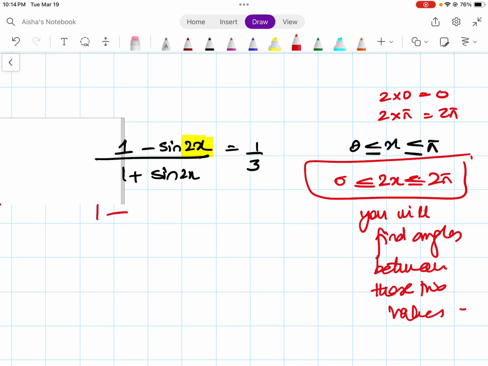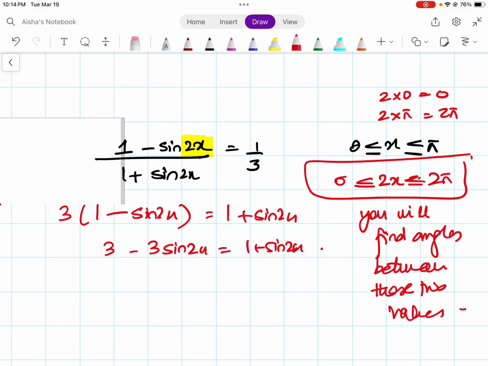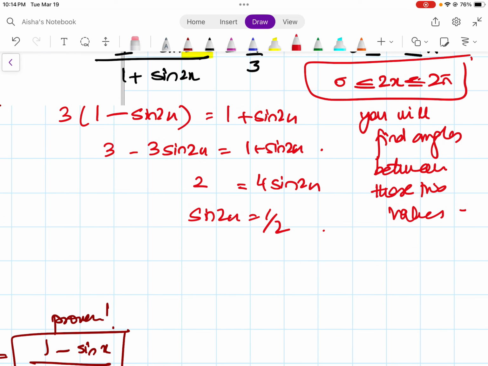Now, 1 minus sine 2x into 3 equals 1 plus sine 2x. Sine 2x is equal to 1 upon 2.